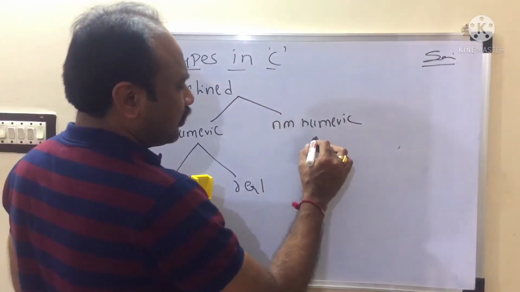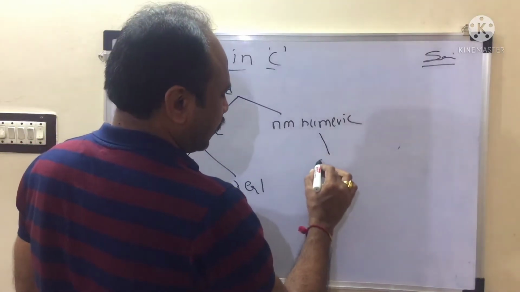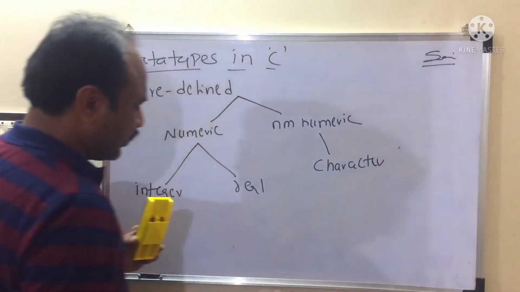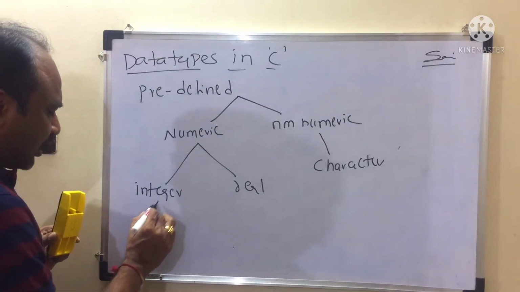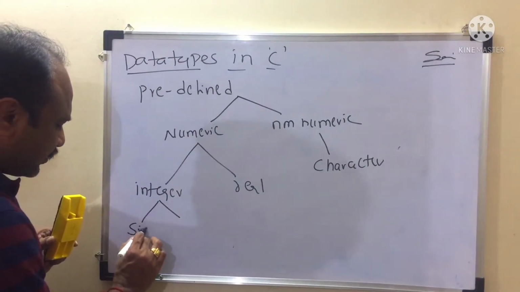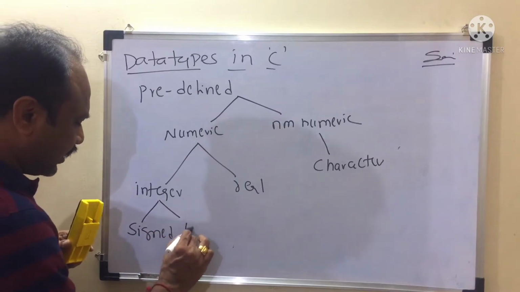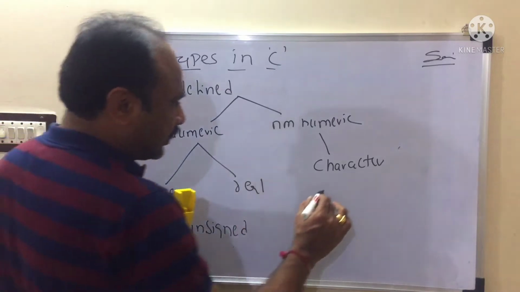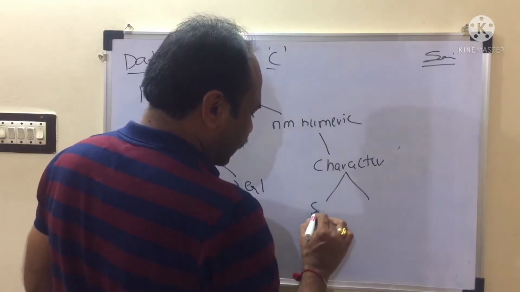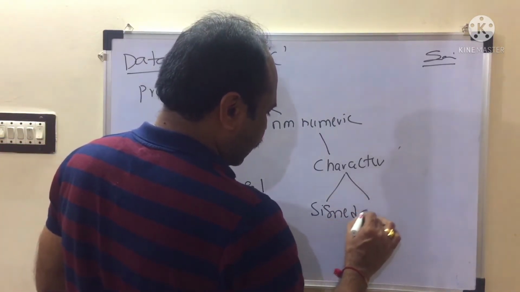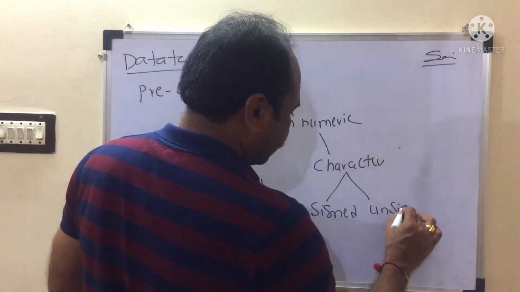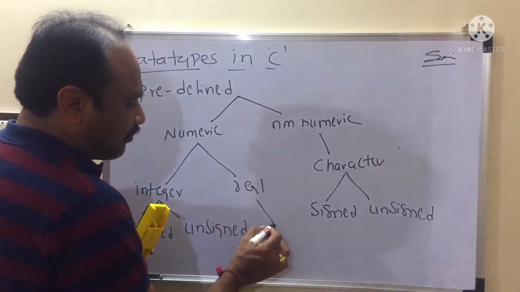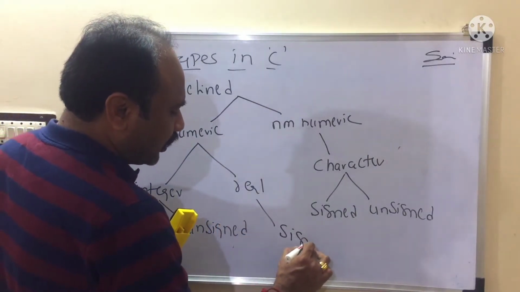In non-numeric we have characters. Again, integer has two types: signed integers and unsigned integers. In character also we have signed characters and unsigned characters. In reals we have only signed, we don't have unsigned.